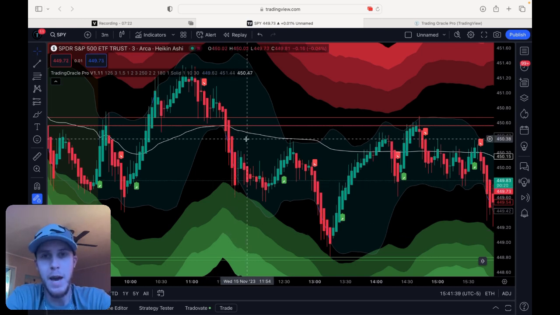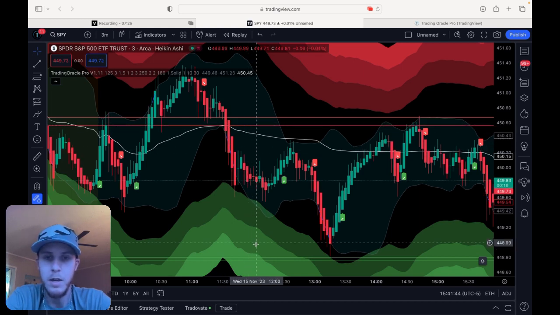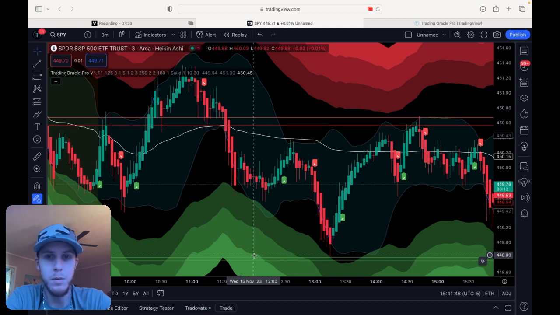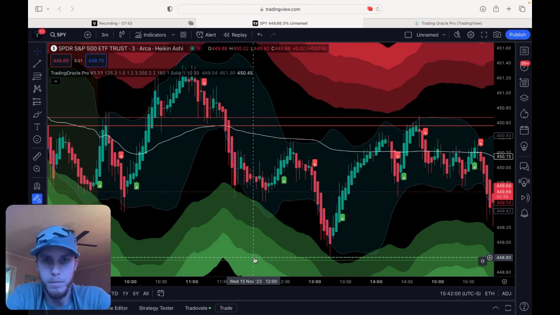But there has to be a gap between where this resistance line is right here and this support line. So from here to there, it's about a $1.70 difference. So that's plenty for me to be comfortable making a trade there, because I always look for a 30% profit on options.